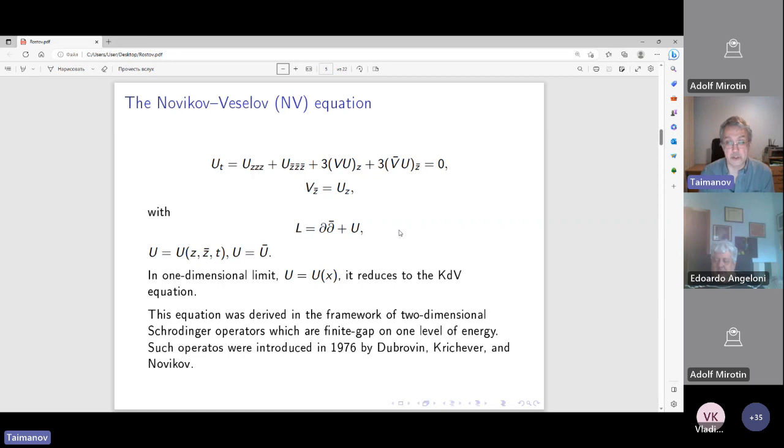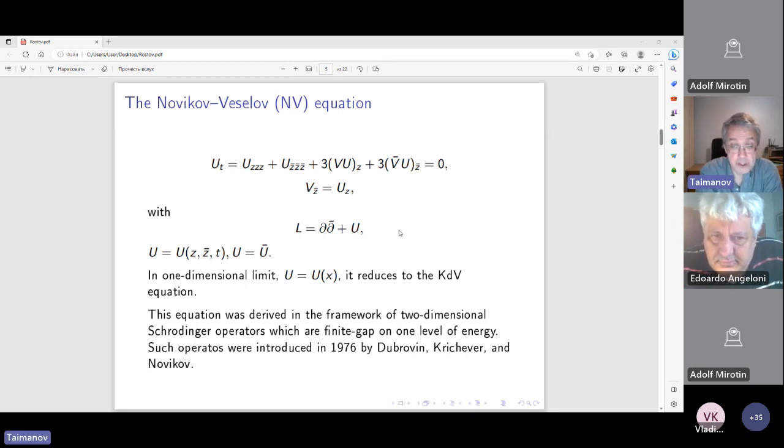So it's not exactly a Schrödinger operator, but has some additional first-order operator plus a d bar, which means that we consider the Schrödinger operator in a magnetic field. The spectral data corresponding to such operators, or the condition for potentiality of these operators, were found by Veselov and Novikov in early 84.